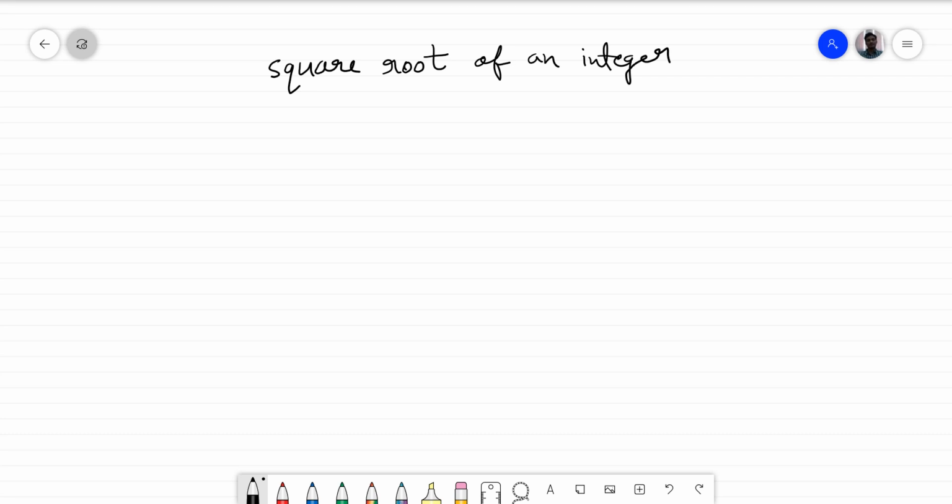So at a higher level, this is the highest level of thought: find the square root of an integer x. But this term square root is not known to a computer.